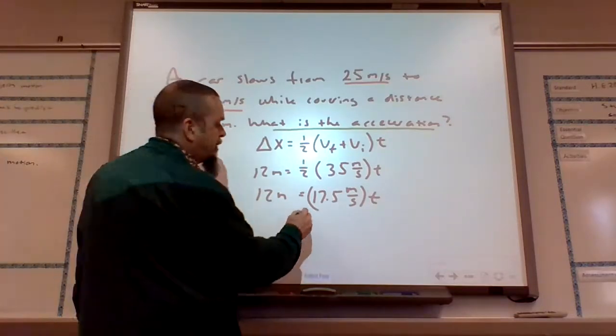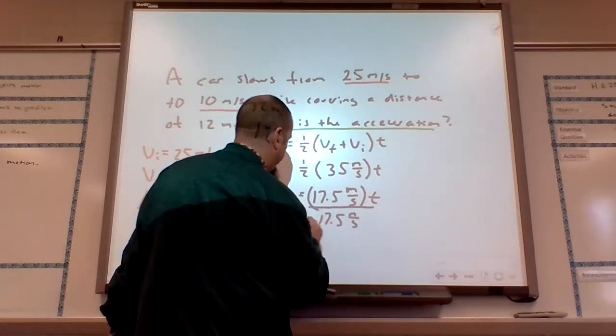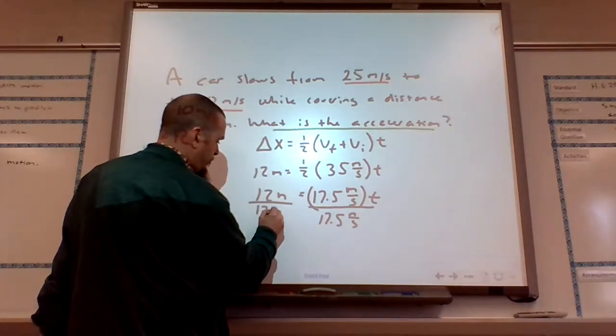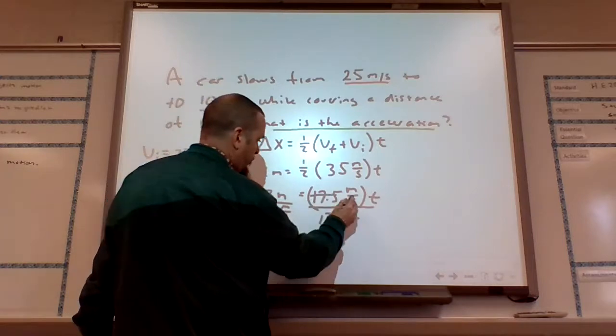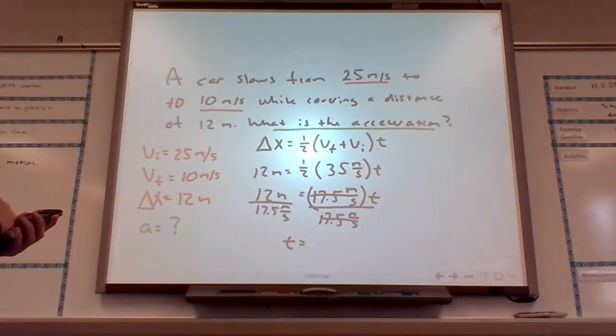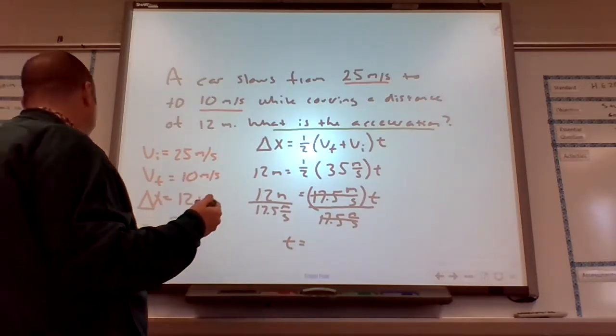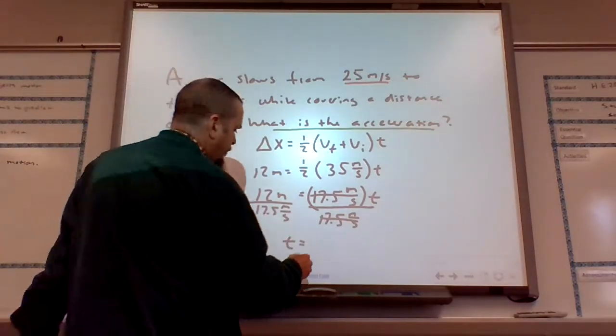Then I divide both sides by 17.5. Twelve divided by 17.5 is 0.6857. So I'm going to round that to 0.69.